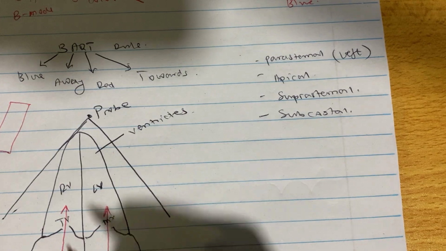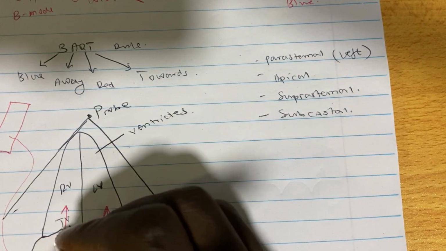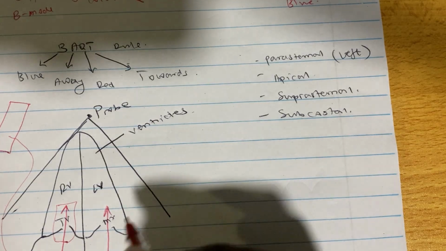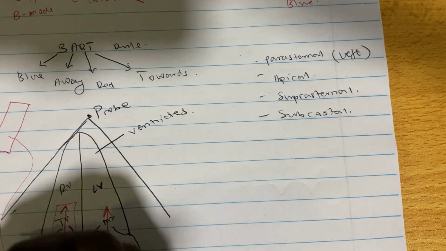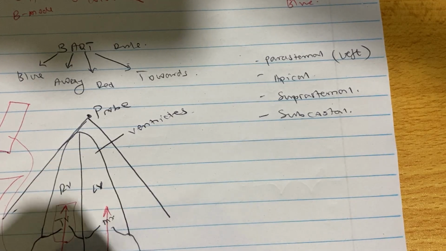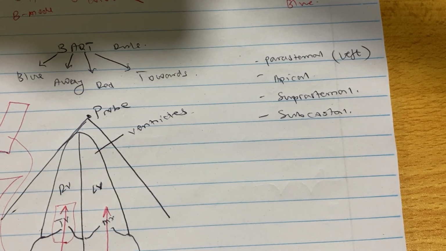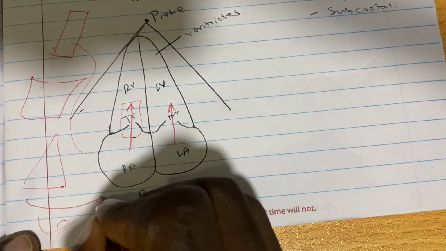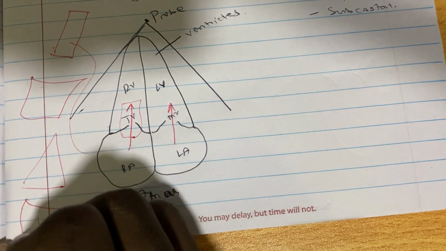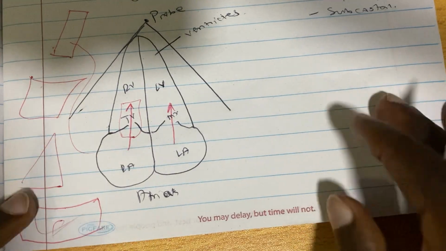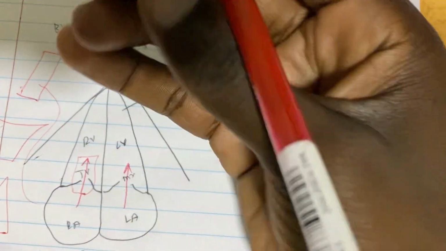You can position this anywhere on the valve you want, maybe mitral valve, tricuspid valve, and then you change its size. You can change it to be like this. You can change it anyhow. You can change the shape. This one is the color box.